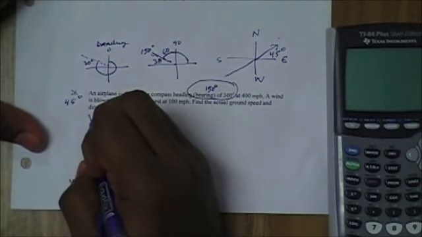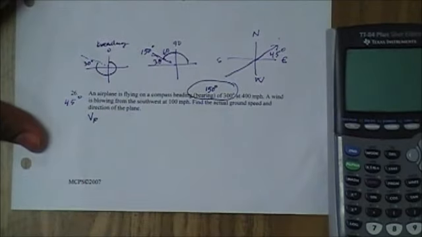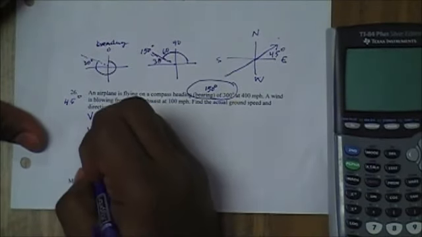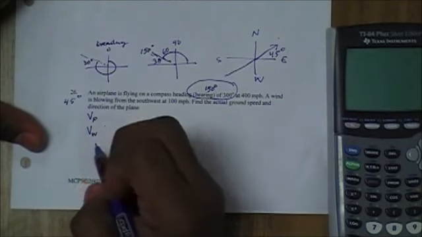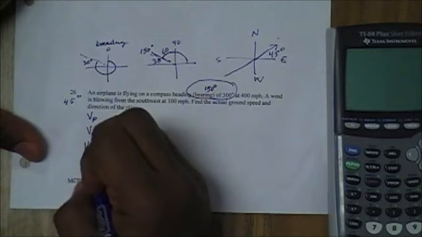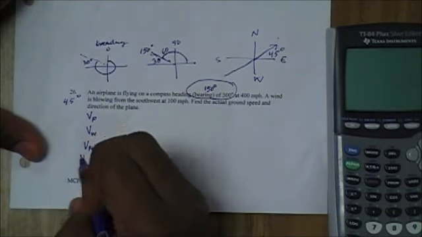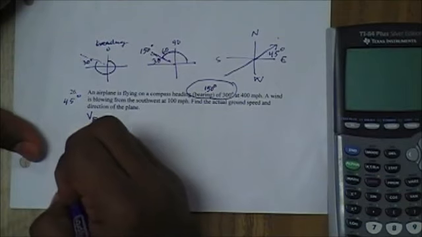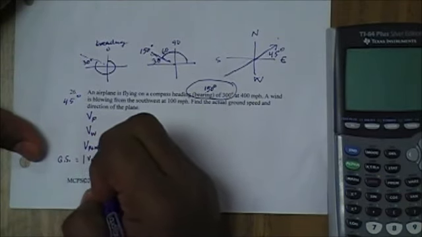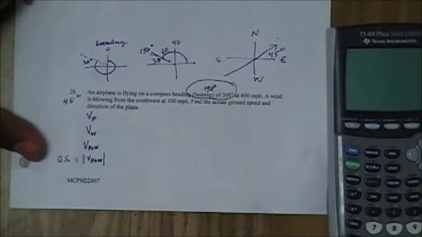Remember, we're going to find the vector components for the plane, and the vector components for the wind. We're going to add the two vectors, plane plus wind, and we're going to get the ground speed. Ground speed is going to be the magnitude of that vector.